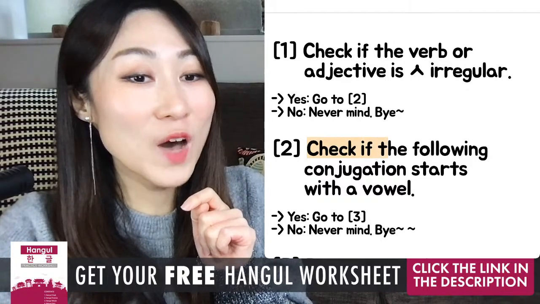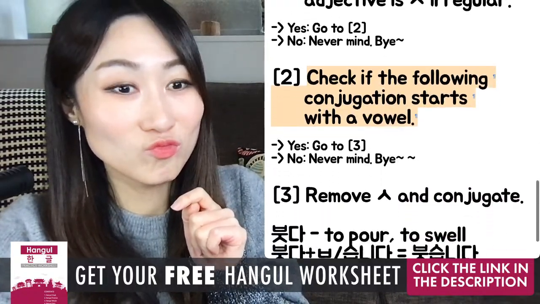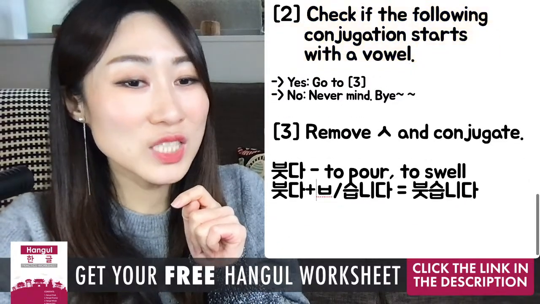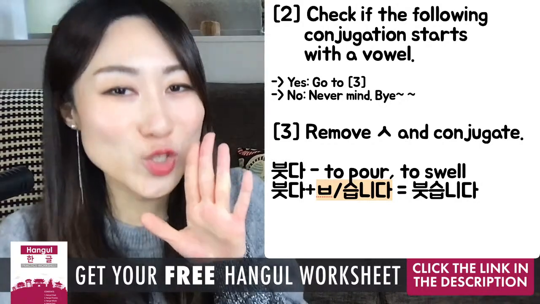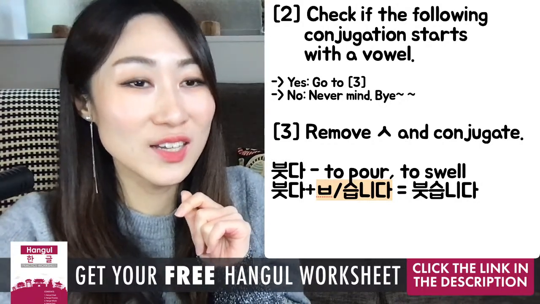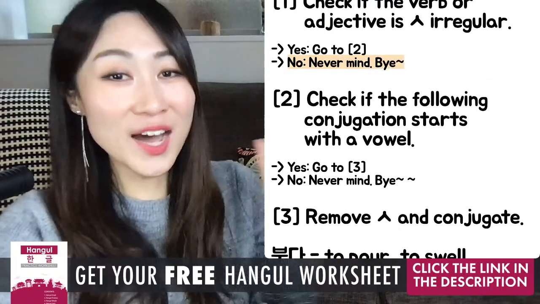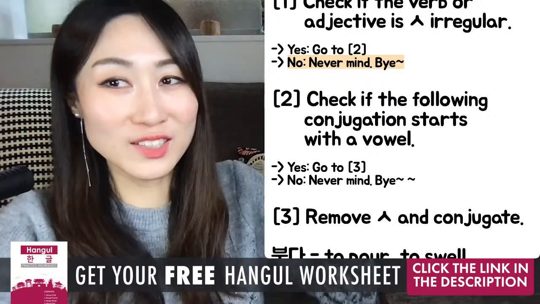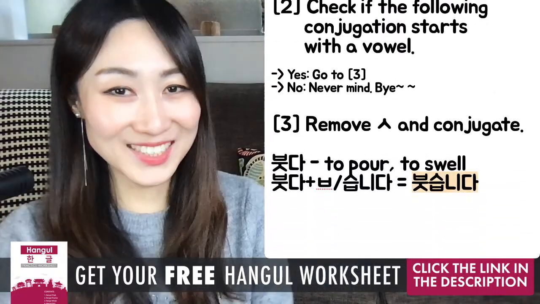Check if the following conjugation starts with a vowel. Does it start with a vowel? It starts with a consonant. That's right. Since it starts with a consonant, I just go this way. Never mind, bye. So I don't have to think about the irregular. And it becomes 붓습니다.